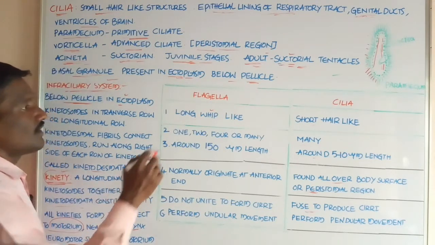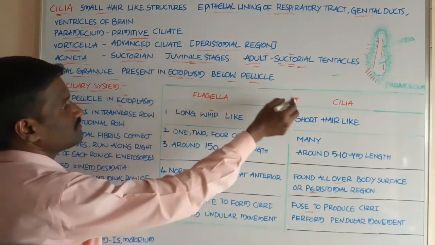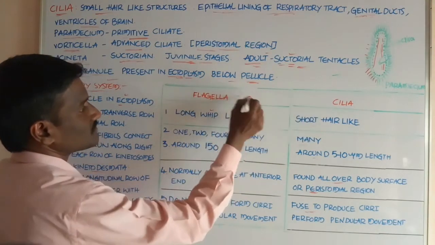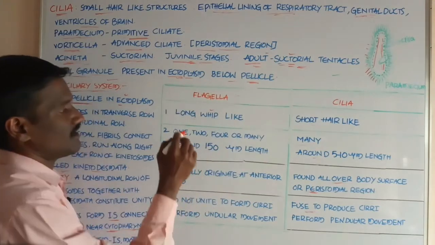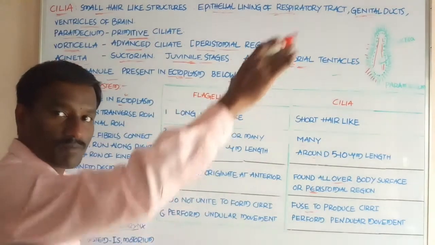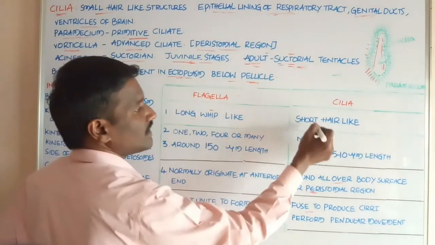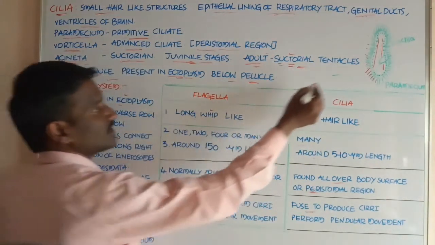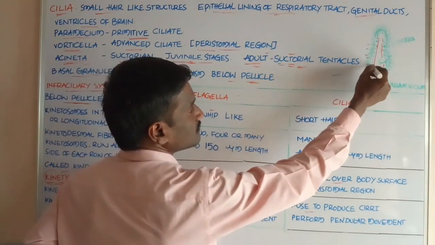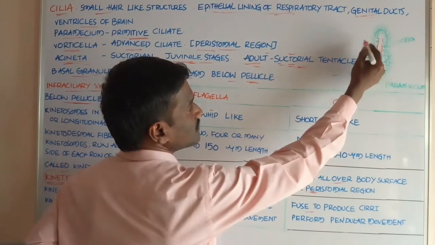Students, next, what are the differences between flagella and cilia? Flagella are long whip-like structures; cilia are short hair-like structures.